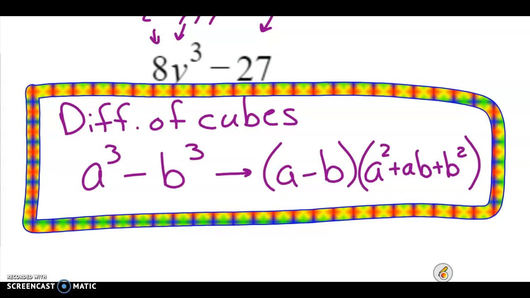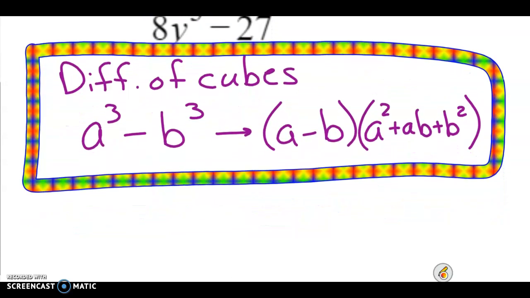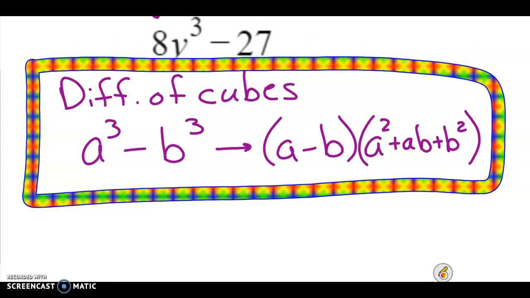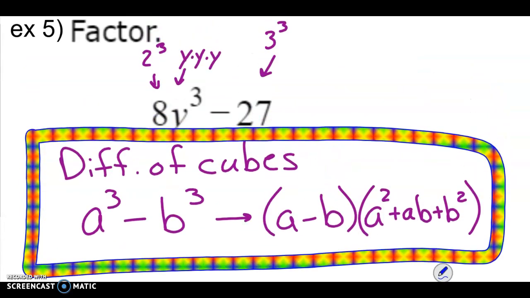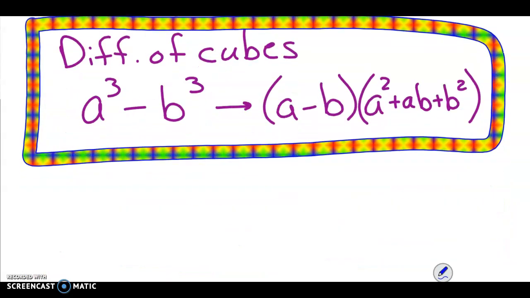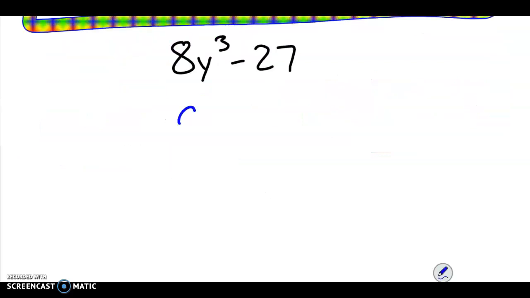Okay, there it is. So what we're looking at here, we just have to find the cube root for all these pieces. Your a, where you need to be careful, your a is the cube root of that whole first term. So let's kind of go down here. Let's rewrite this. So you've got 8y cubed minus 27. Okay, so this is your a cubed minus your b cubed.